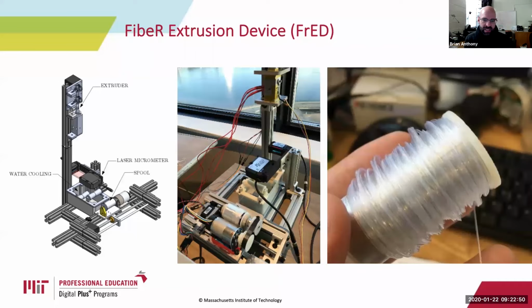You can see, if you look closely, depending on the resolution of your monitor, you can see the fiber, maybe not coming from the extruder head, where the red and the yellow wires are attached to the top of the center image, but certainly there's a thin band that is leading to the spool at the bottom that's passed through the cooling system. And there's a bunch of motors and encoders and sensors that are telling us how Fred is performing or controlling how Fred is moving. And in the end, again, we make this spool of fiber on the right.